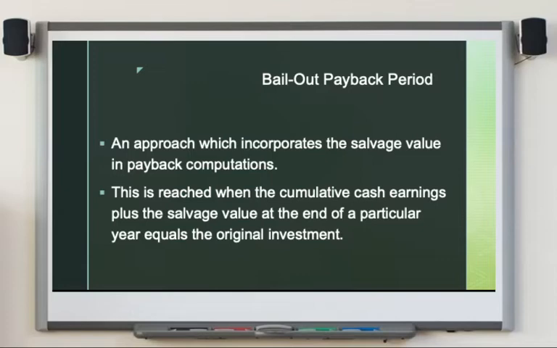So for bailout payback period, the assumption is at the end of each year, we will be selling out or disposing our asset, and we will add the salvage value to the cash returns, so net cash returns for that particular year, to determine whether we could recover all our net initial investment.